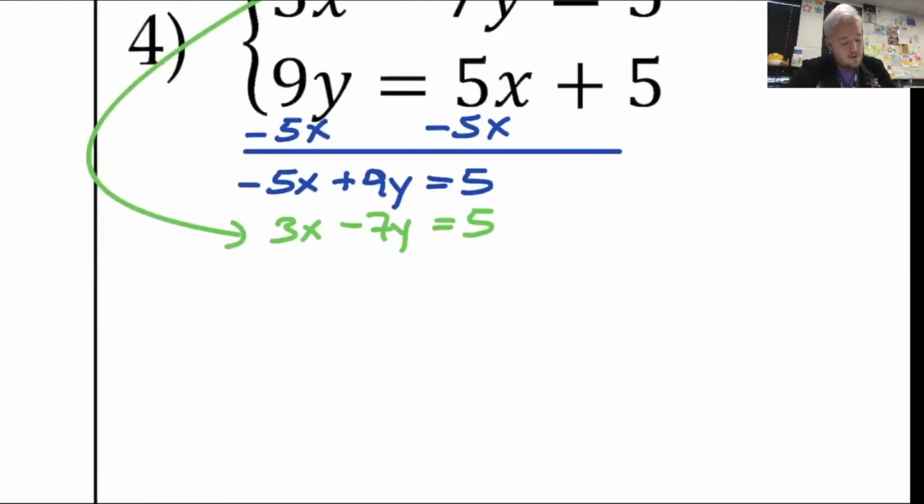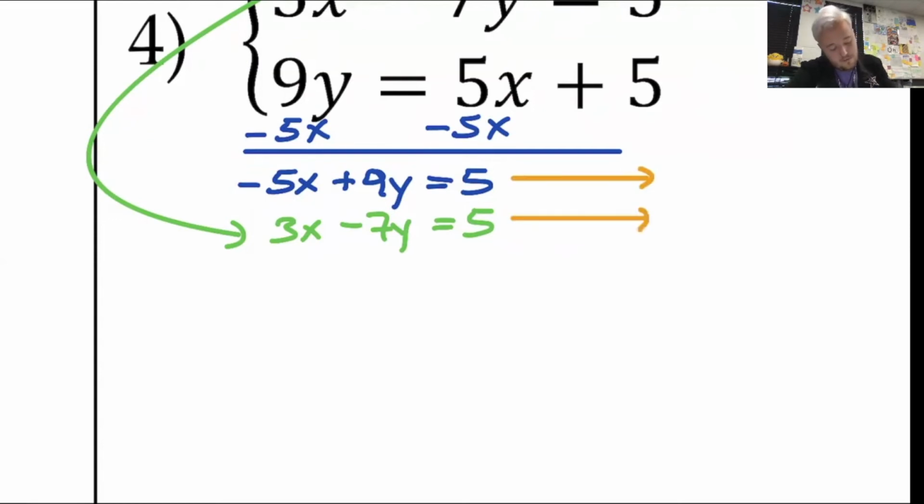So what I'm going to do is this top equation here, because the other number is 3, I'm going to multiply this entire equation by 3. And the bottom equation, I'm going to multiply by the other value, which is 5. So how I'm going to set this up, you can set this up many different ways.